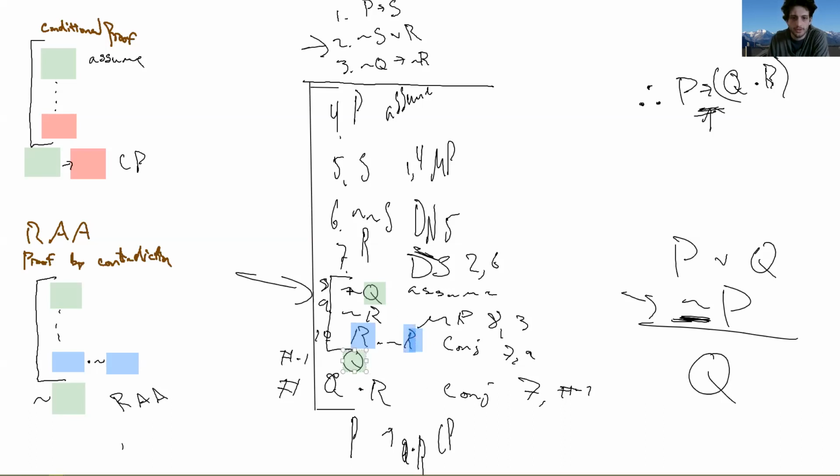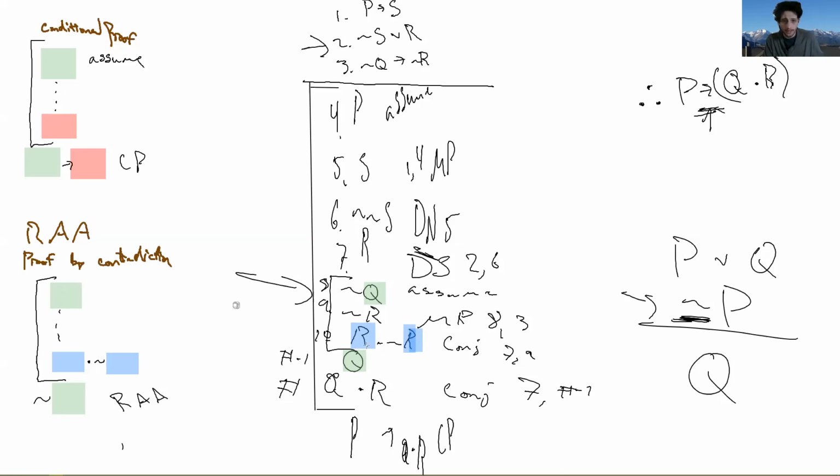So we started with not Q, and we were able to get Q itself at the end of the day. So we could make two different forms of RAA, one with the tilde at the top and no tilde at the bottom, and vice versa, the one that we have right here.